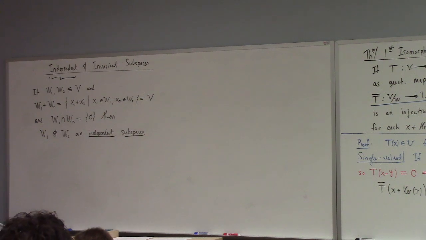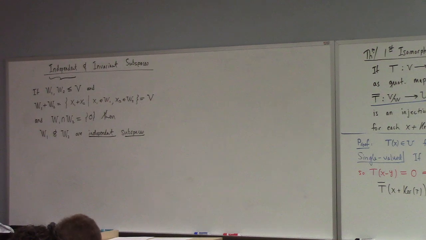If we say that W1 intersection W2 is equal to the zero set, can we say that W1 union W2 would generate V as well? Probably.